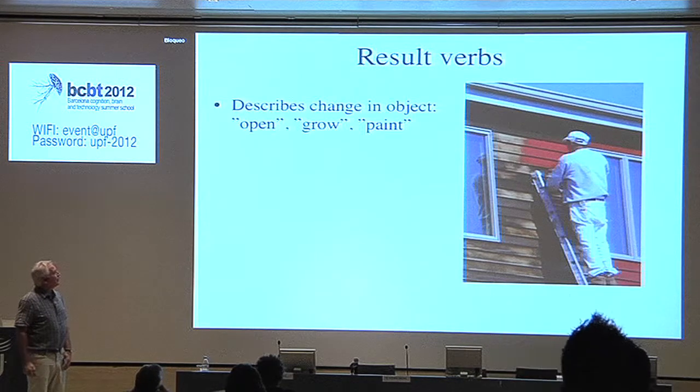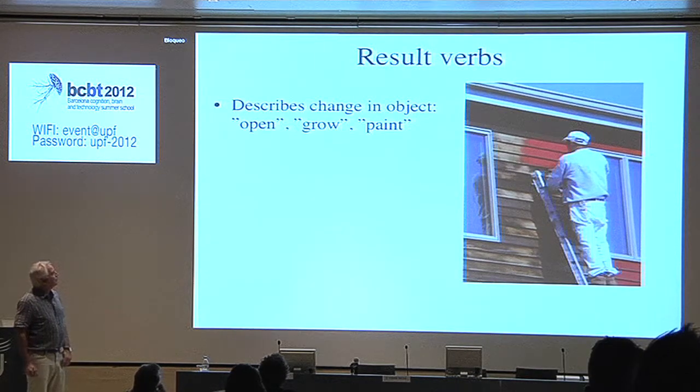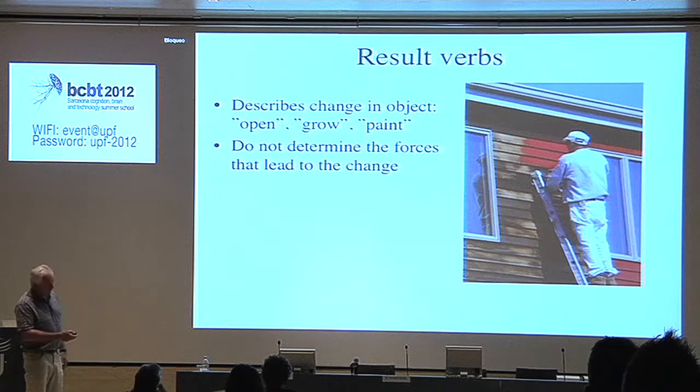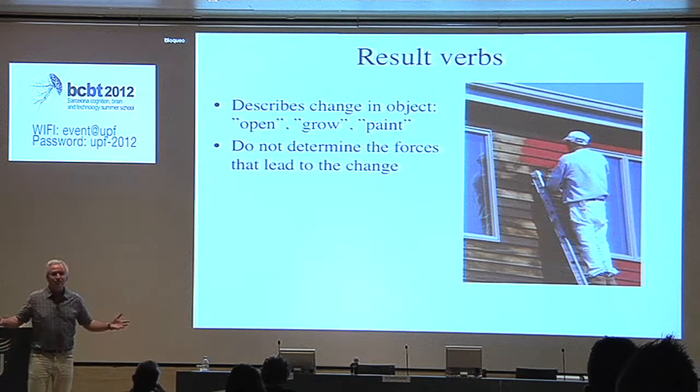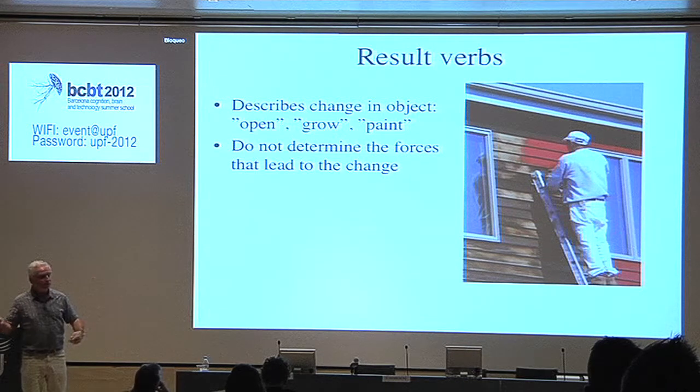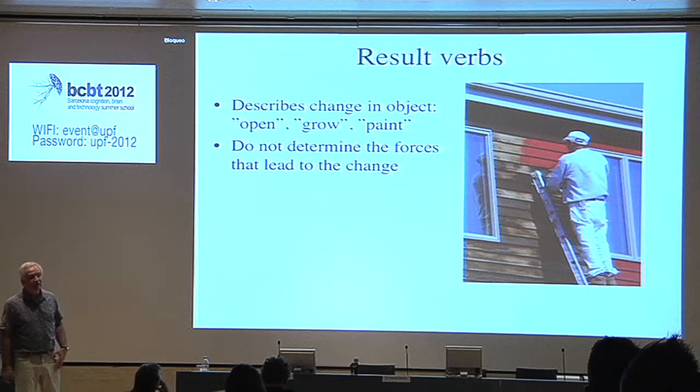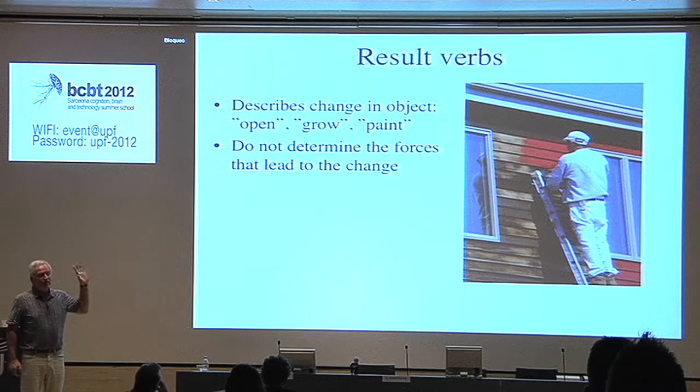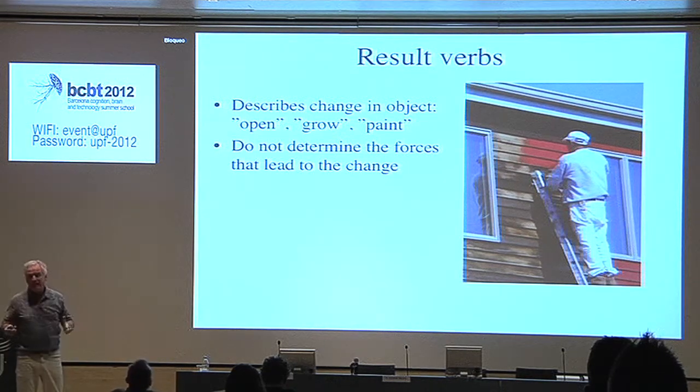Here is a result verb, like changes an object: open a thing, grow a thing, paint a thing. You can paint a house in many different ways, with a brush, with a roller, with a spray can or whatever. So paint itself doesn't tell you anything about how it's done. Paint means that there is a result here.